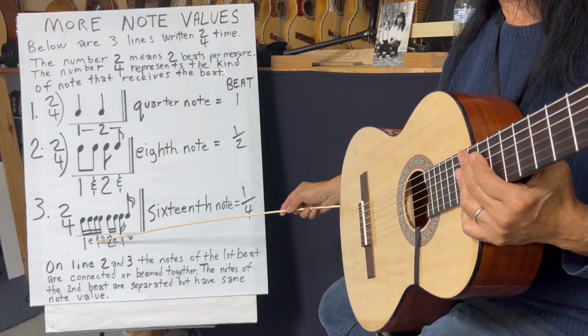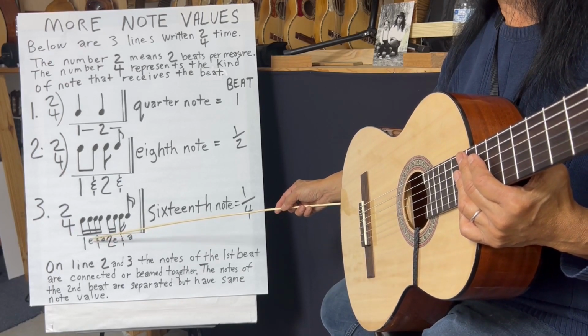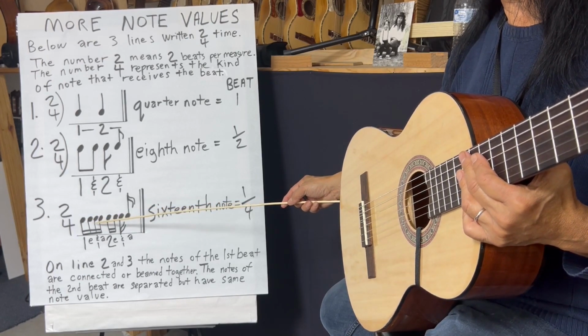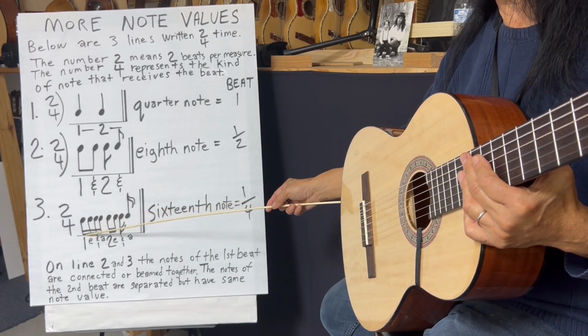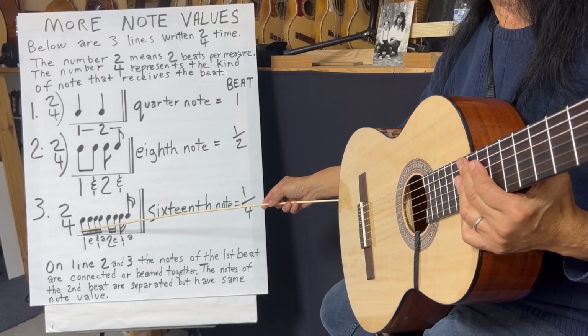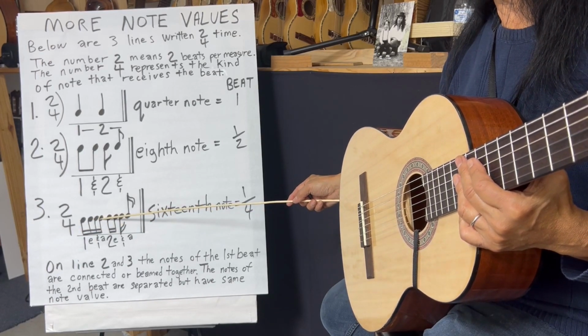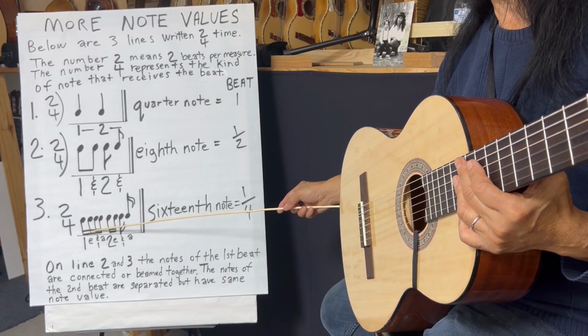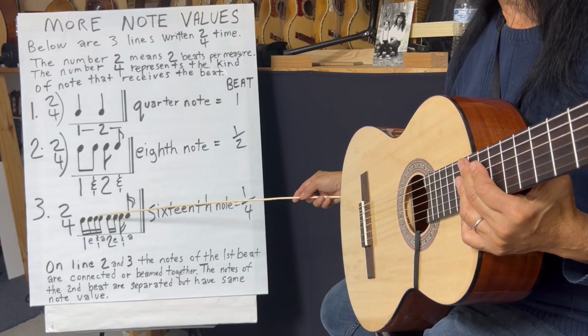We're using letters to demonstrate the way the rhythm sounds. 1 E and a 2 E and a. These are also beamed together.